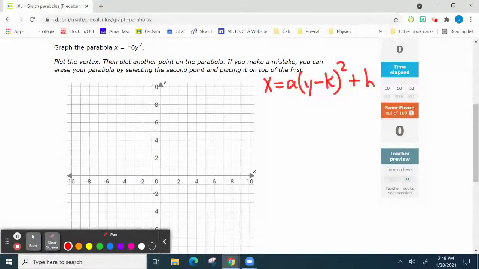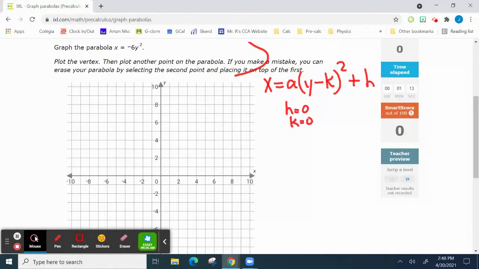So it's definitely going to open to the left, because it's x equals y, and it's a negative a. So h equals 0 and k equals 0 because they don't exist there, right? So we can already put the first point at the origin.